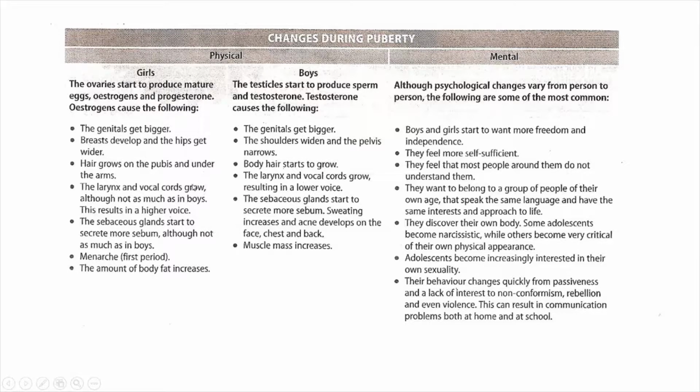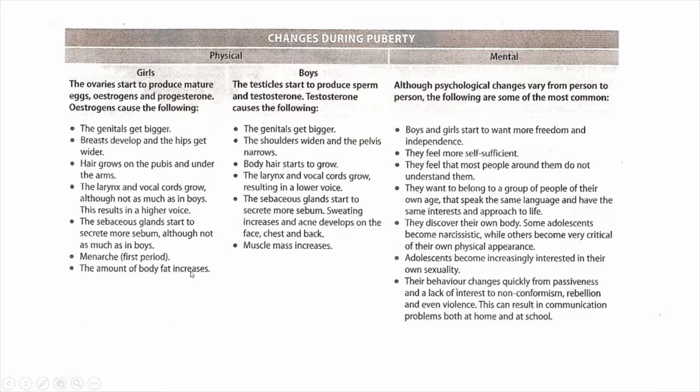There is a little increase in the larynx in girls, but it's going to be an important increase in the larynx of boys. That's why their voice changes. We've got common things, these annoying sebaceous glands all around your face, some of you in the back, that are going to secrete more sebum. You've got it in boys and girls.